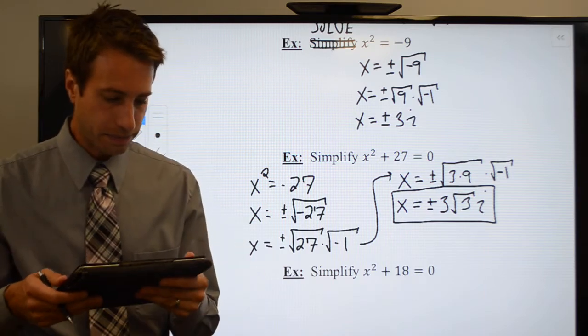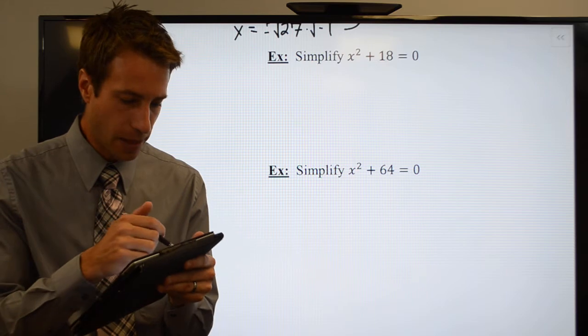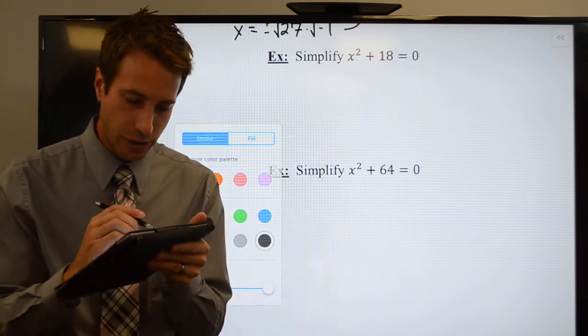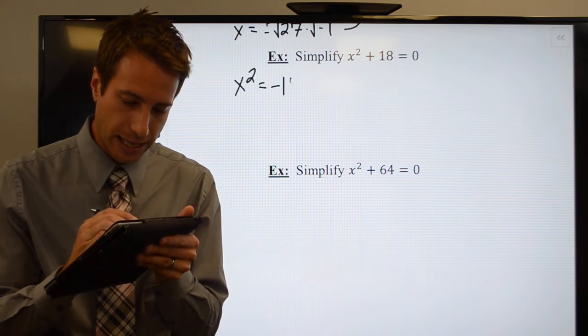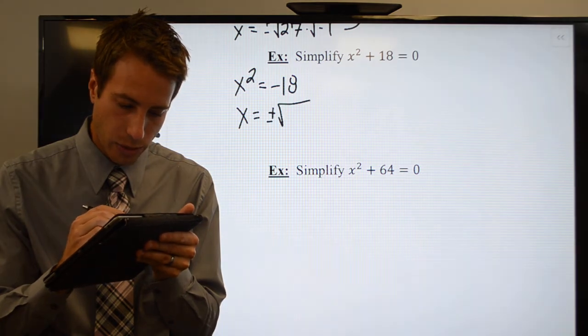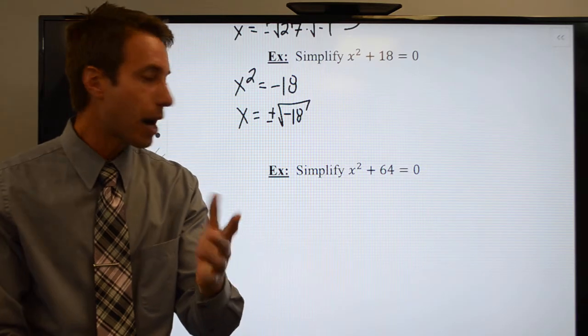One more here for you. Oh, I apologize. Two more. Again, same thing here. I've got to move that 18 to the other side, so x squared is equal to negative 18. x is equal to plus or minus the square root. Okay, 18 is not a perfect square, but that's not a problem.